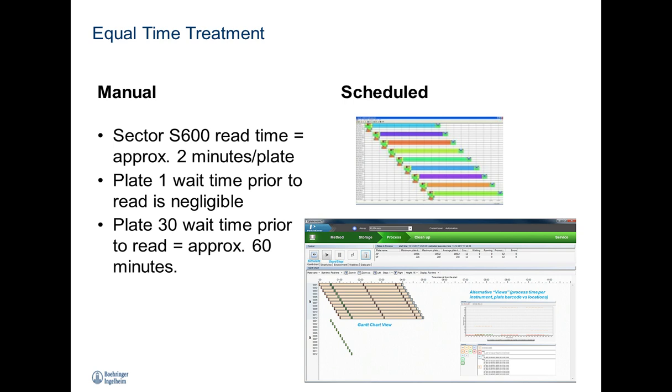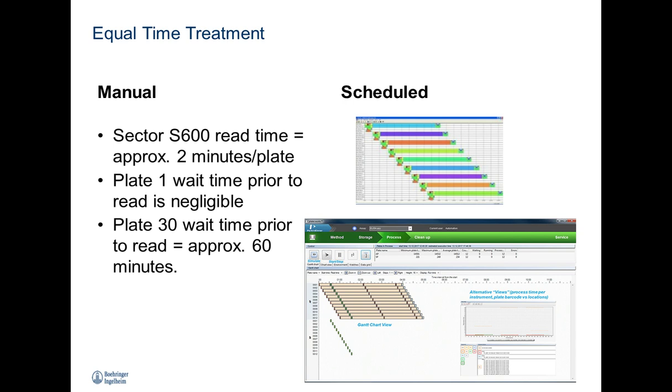Setting things up in a scheduled environment, and you'll see some graphical representations here on the right side of the slide, the steps are staggered over time so that each step has a defined time limit. And that's part of the assay setup.